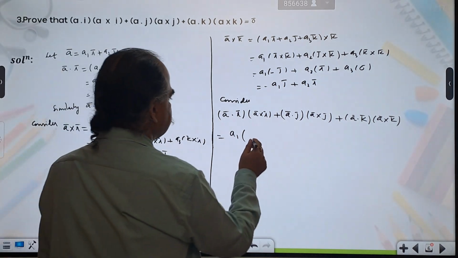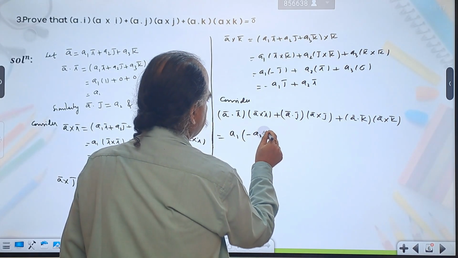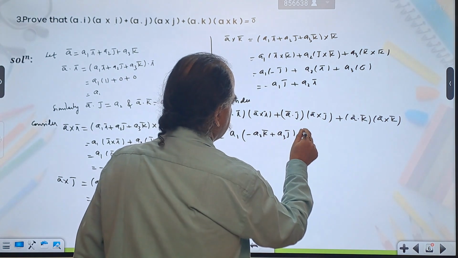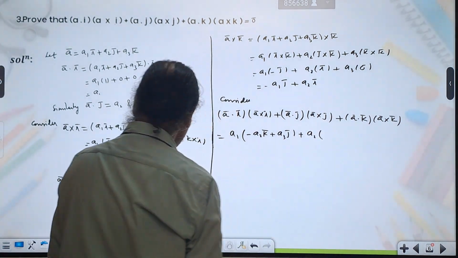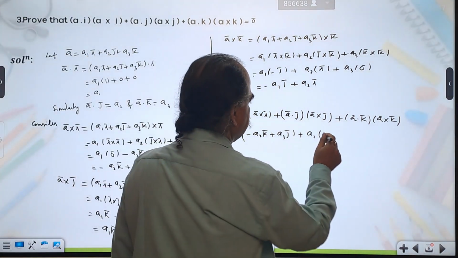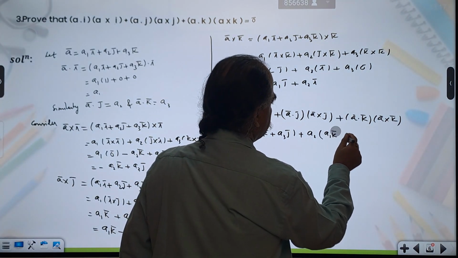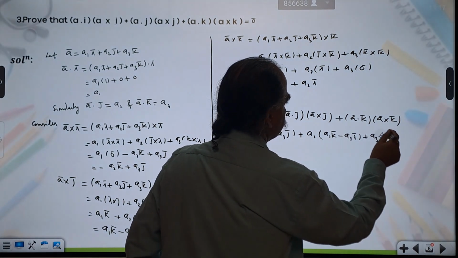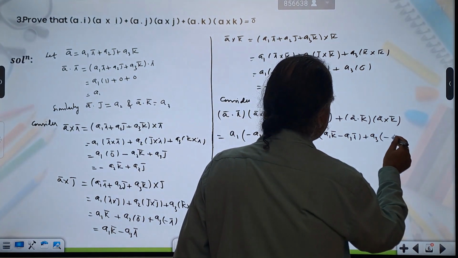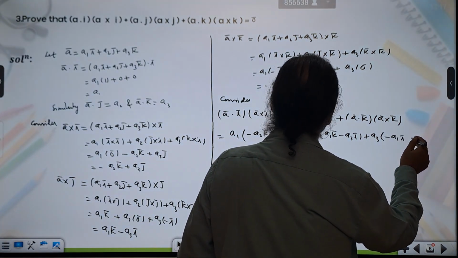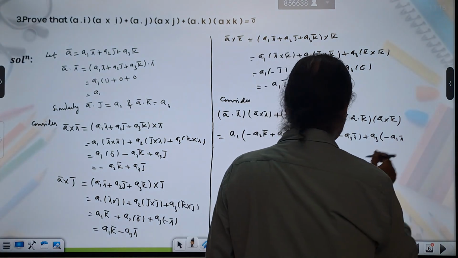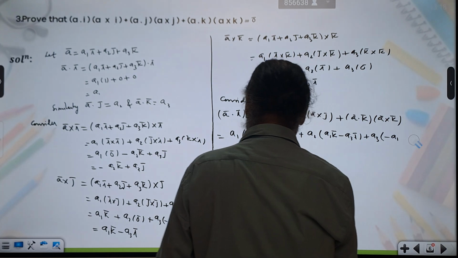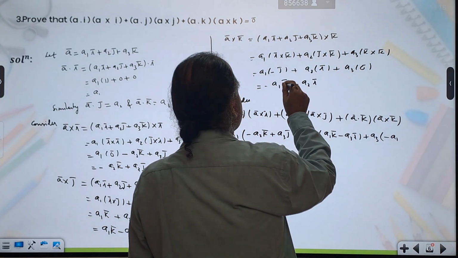Minus A2 k plus A3 j. Plus A2 into a cross j, which is A1 k minus A3 i. Plus A3 into a cross k, which is minus A1 j plus A2 i.